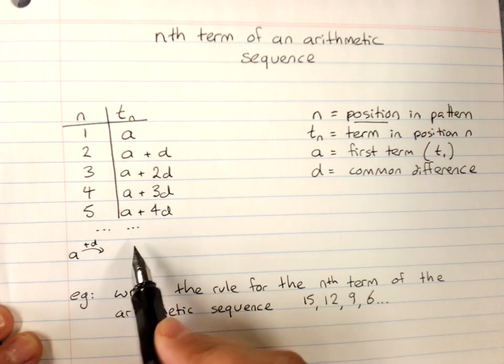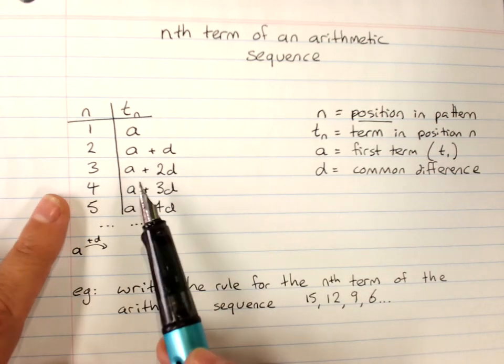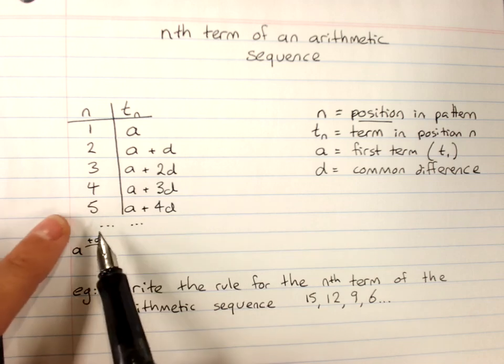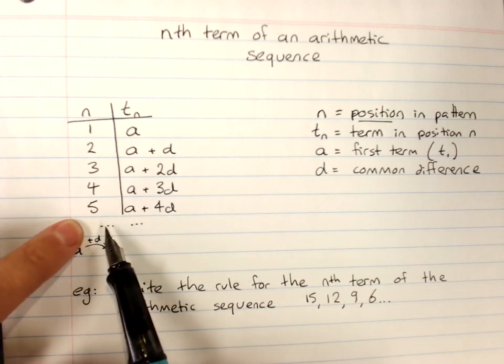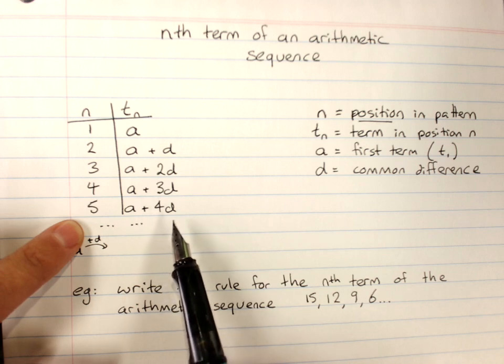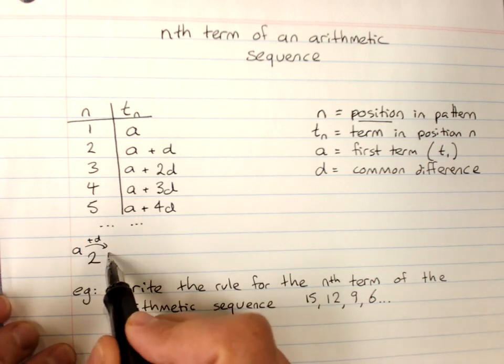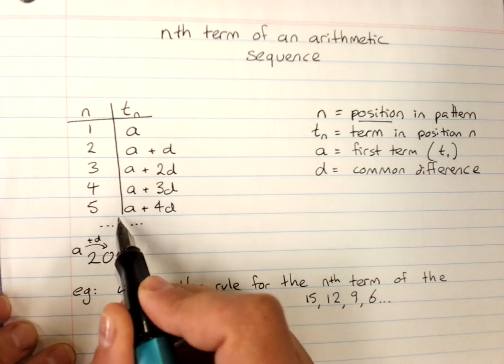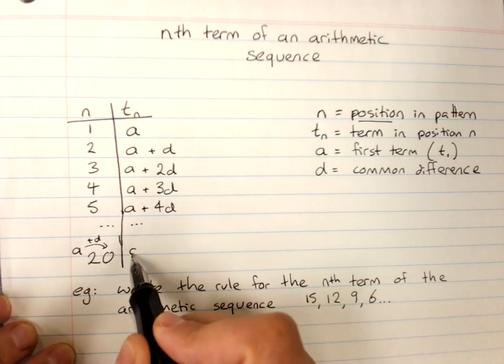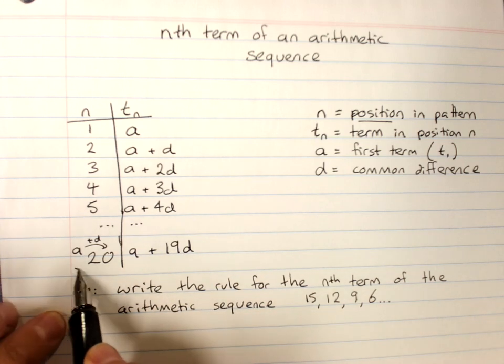So if I wanted the sixth position, I'd need the first term plus 5 lots of the common difference. If I wanted the 20th position, I'd want the first term plus 19 lots of the common difference.